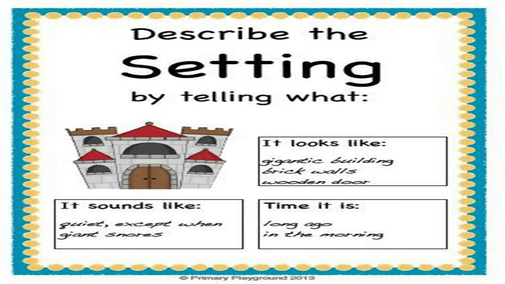We describe the setting by telling what it looks like, brick walls, wooden door, what it sounds like. Is the environment quiet or is it very loud? When did it happen? These things describe the setting.